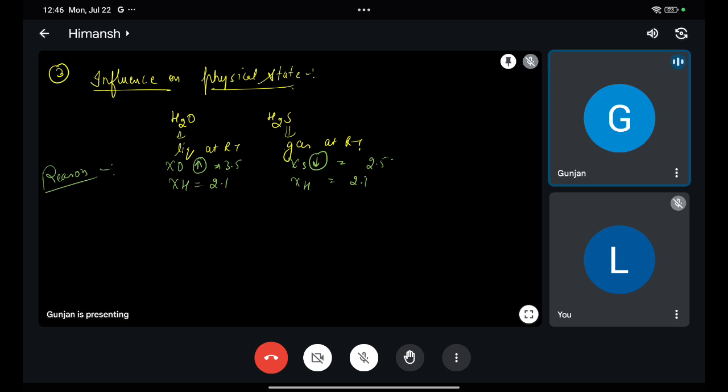So there is little difference in electronegativity in H2S, so no hydrogen bonding exists. Here hydrogen bonding happens, but here not. That is the reason the molecules are more closely packed and it exists as a liquid at room temperature. Got it?